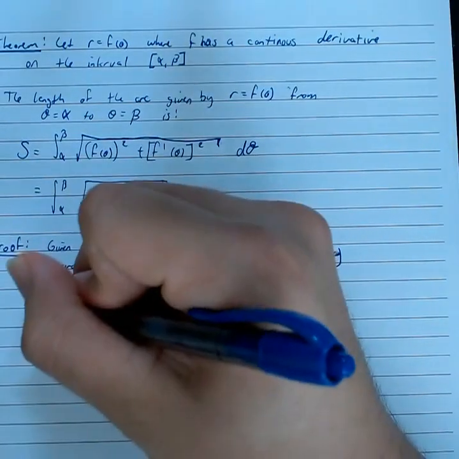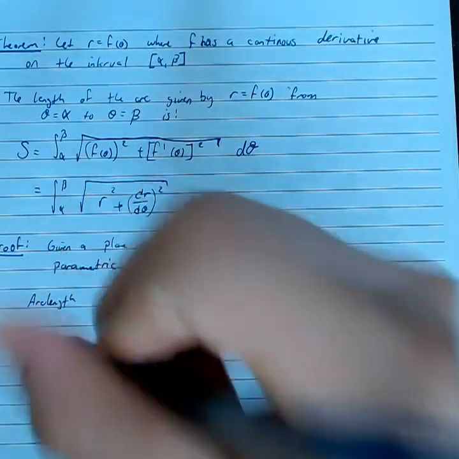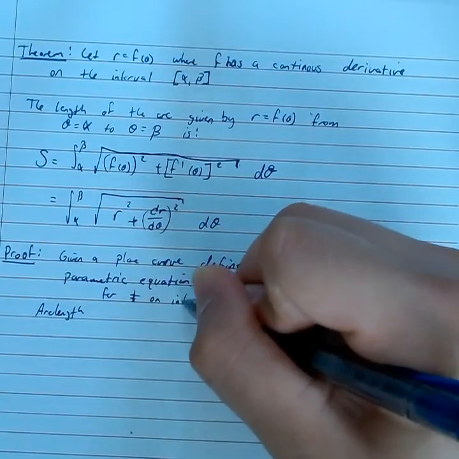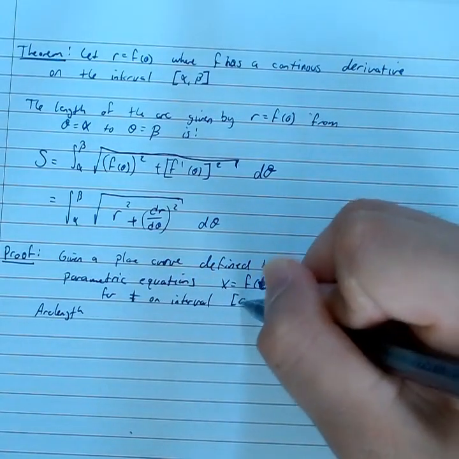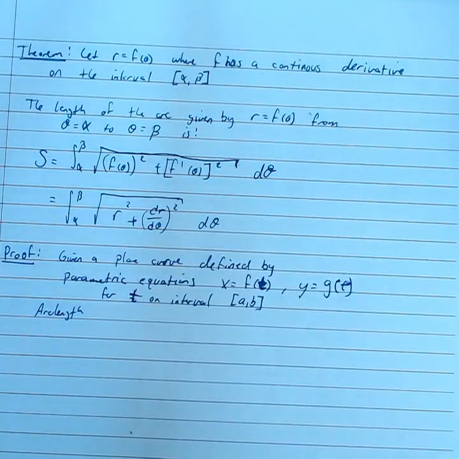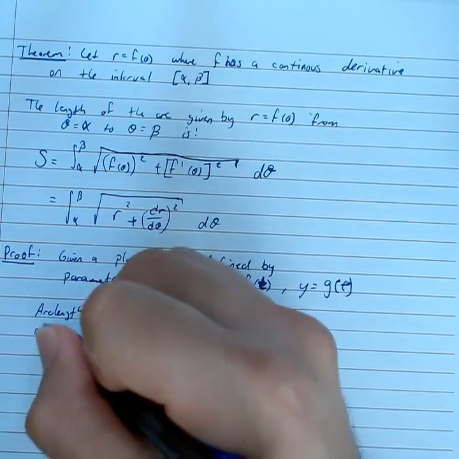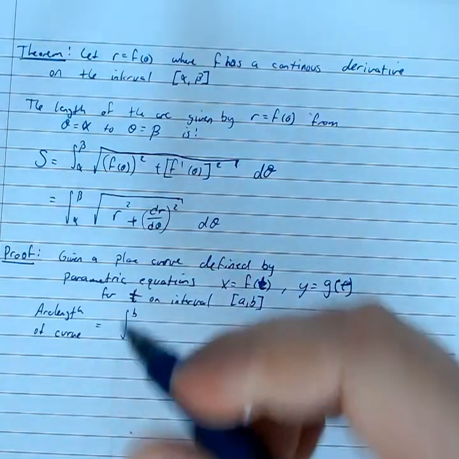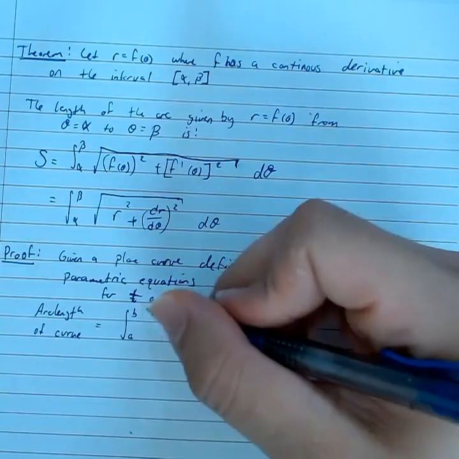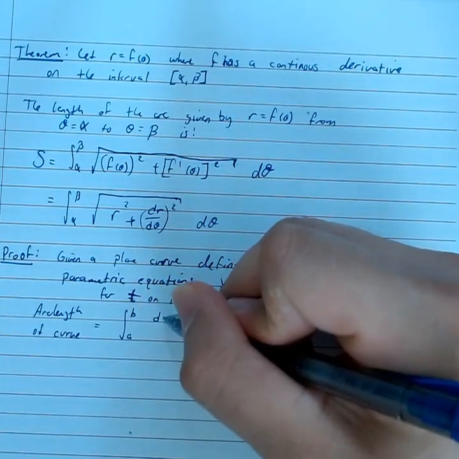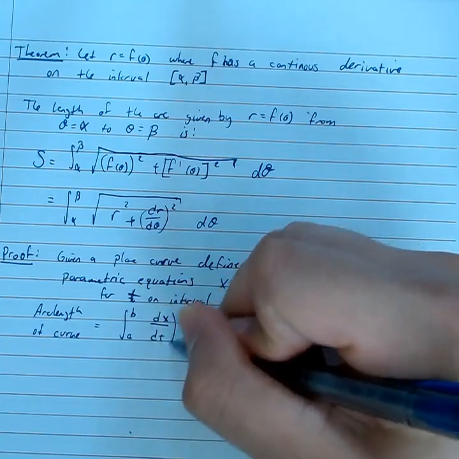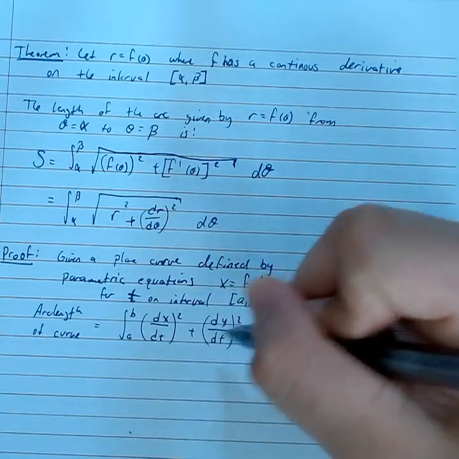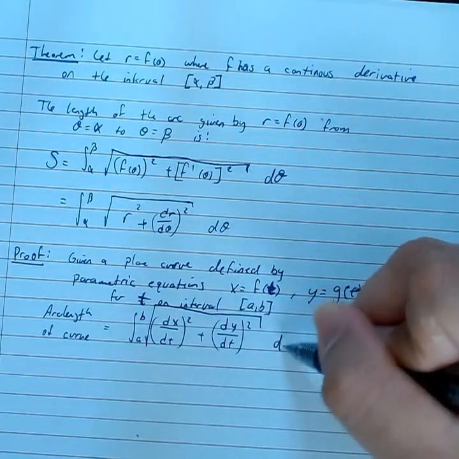We saw in a previous section that the arc length of the curve, for t on an interval from, let's say, a to b, is given by the integral from a to b of the square root of the derivative of x with respect to t quantity squared plus the derivative of y with respect to t also quantity squared, dt.